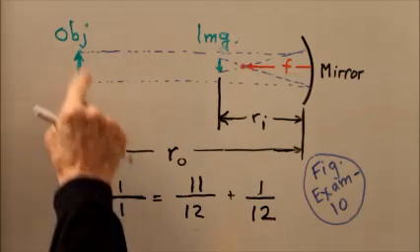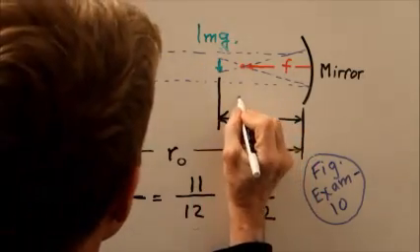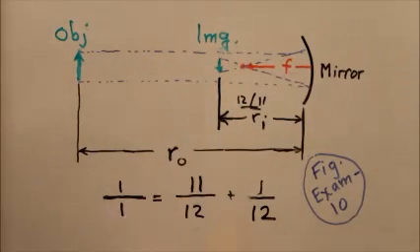So whereas before r sub i was 6 times the focal length, now it is just 12/11 of the focal length, just a little more. So that means that the distance to the image has decreased a lot. Decreased a lot. That's the best choice here.